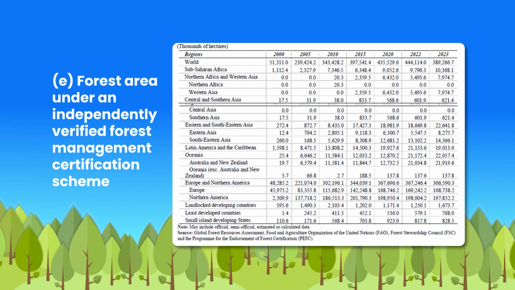We have forest certification schemes focused on the sustainable management of forest. Here there are some issues, but it is going well: from 51,311 to 266.7 thousand hectares in 2022. So it is going well when we talk about management.